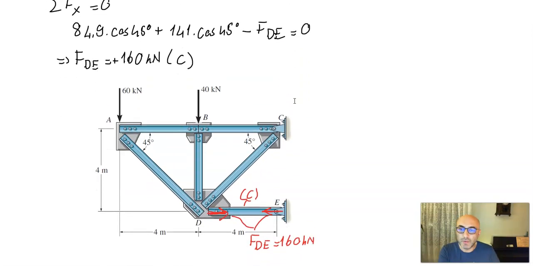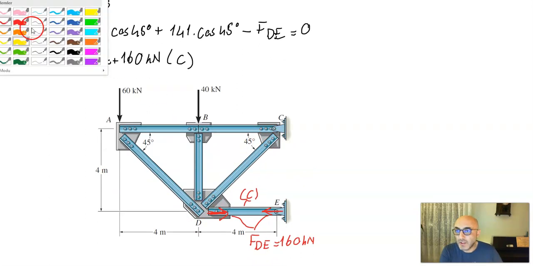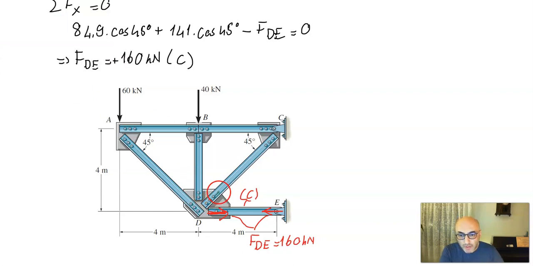FDC is 141. So this is FDC, that's in tension, so tensions will be green. This member is in tension, and the value FDC is equal to 141 kilonewton.